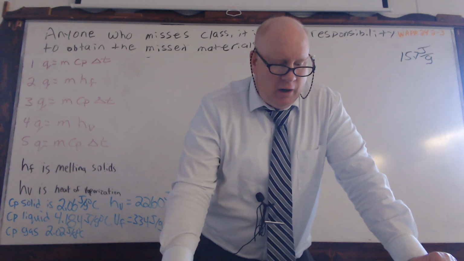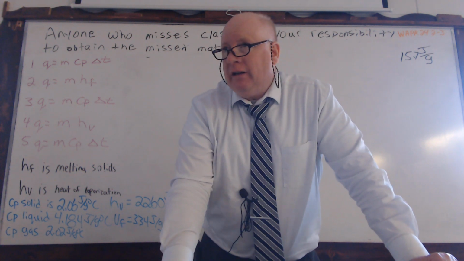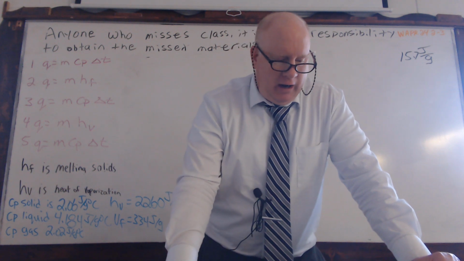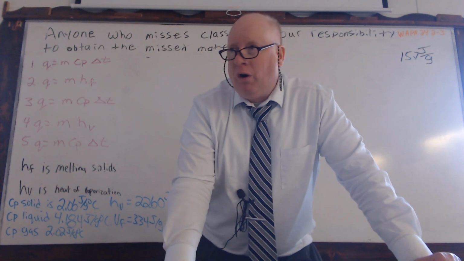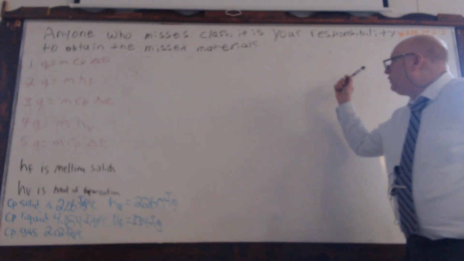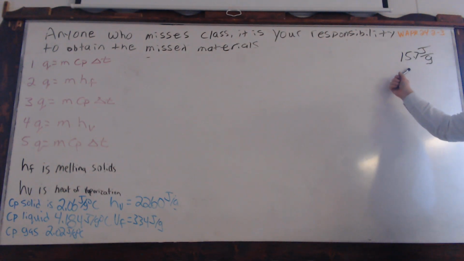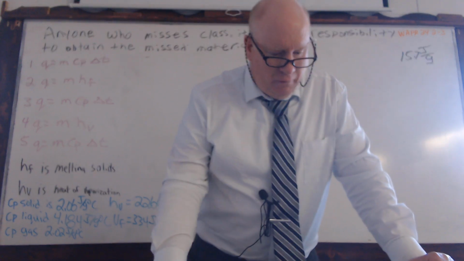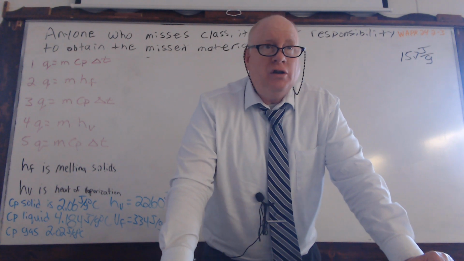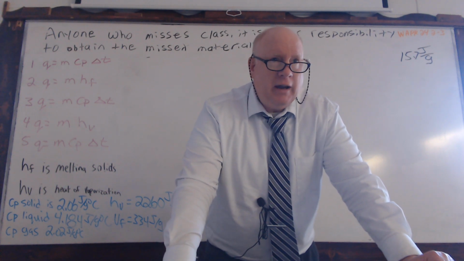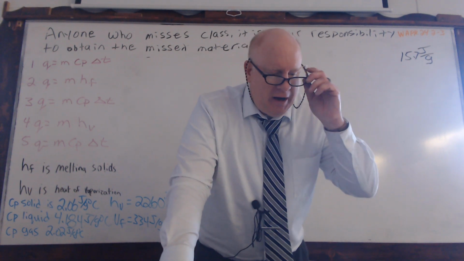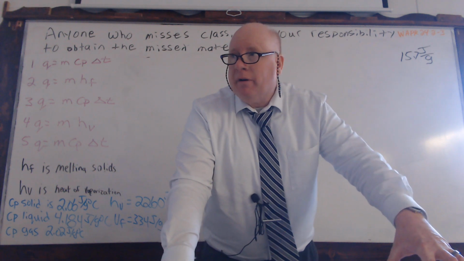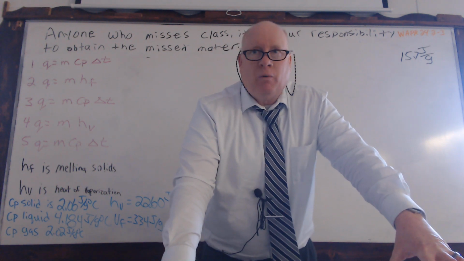Since you are given a heat of fusion in kilojoules per mole, would you have to go through this process? No. You should though, because you're given a gram. Because you have to remember, this is also a known substance. So, anyway, what number would you start with in number 1?